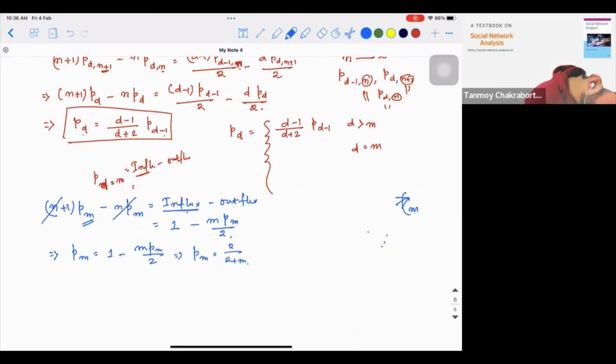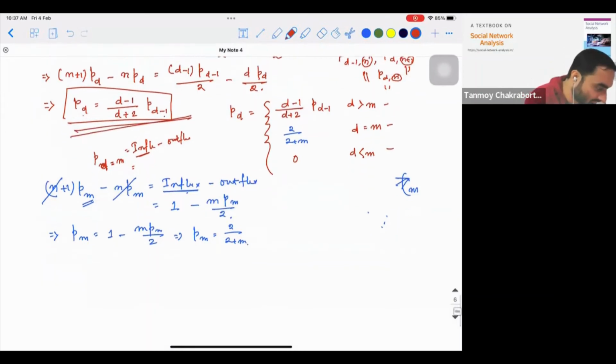So when d equals m, you have 2 by (2 plus m). And when d is less than m, it is not possible, because there is no node with degree less than m. So this is 0. Okay. So these corner cases will be used to unfold this recursive formula.